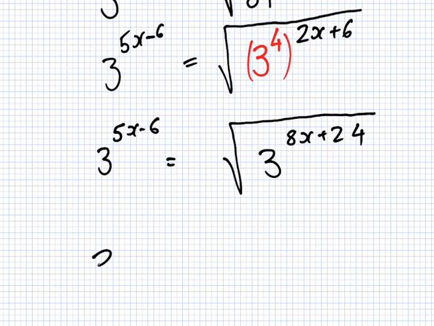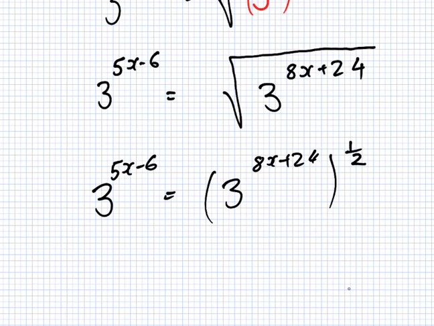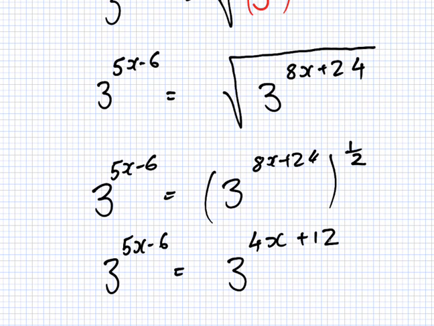So here we get 3 power 5x minus 6 equals 3 power 8x plus 24 power a half for square root. And then again, we have to multiply: 3 power 5x minus 6 equals 3 power 4x plus 12.